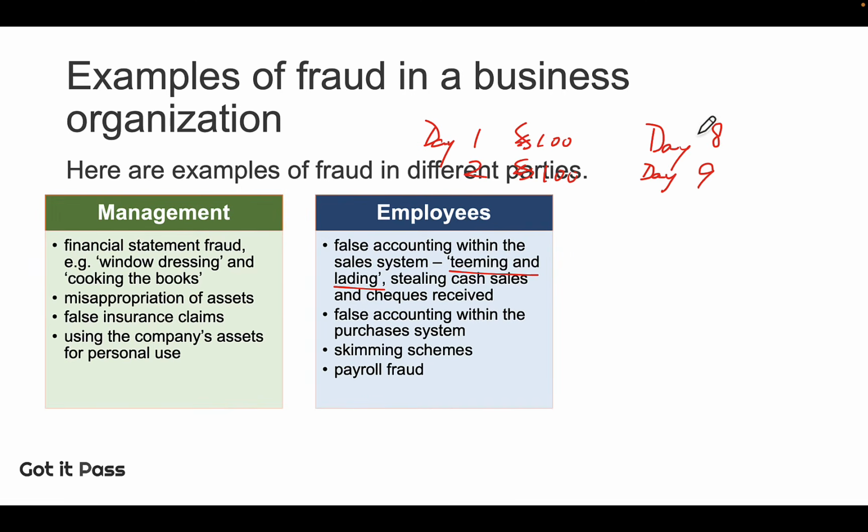He just pockets the cash, assuming the $100 is not put into the bank. So he pockets the cash, and because he knows the cash received on day 9 is $100 as well from day 2 sales, he matches the cash received on day 9 to the day 1 accounts receivable for this $100. In other words, he pocketed the $100 of day 1 sales by matching it with the second sales receipt. It's the teaming and netting exercise.